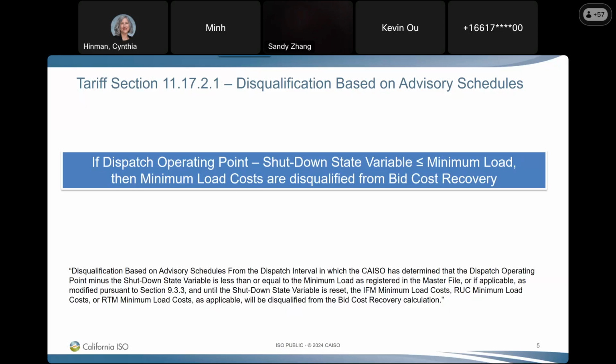But what it's actually saying is if the dispatch operating point minus the shutdown state variable is less than, or equal to, minimum load, then minimum load costs are disqualified from bid cost recovery. So we're going to go through an example. I'm going to tell you what the shutdown state variable is and what that means, and then we'll move on from there.